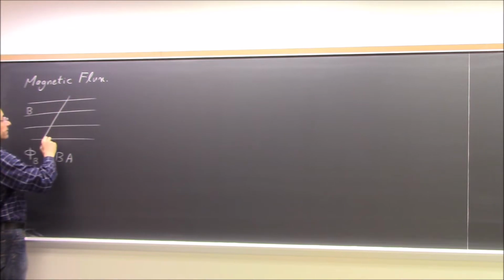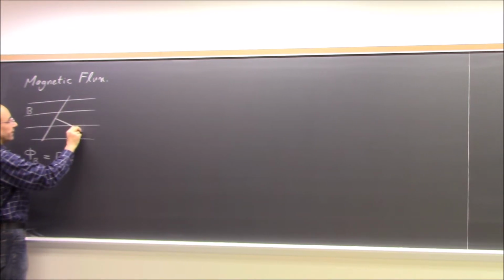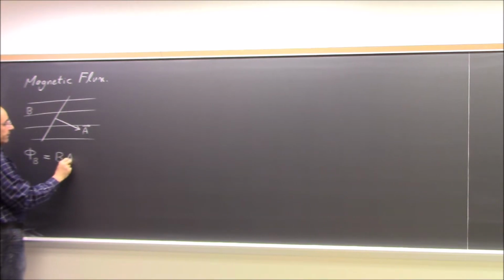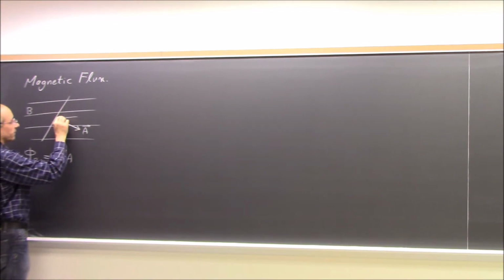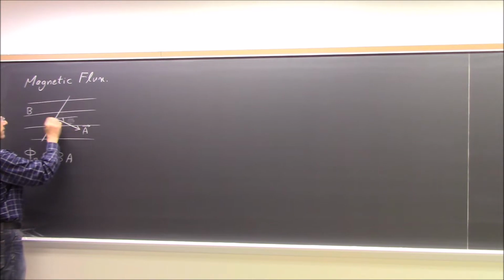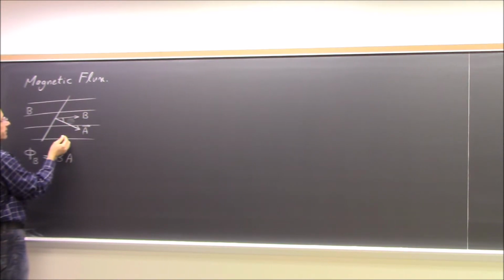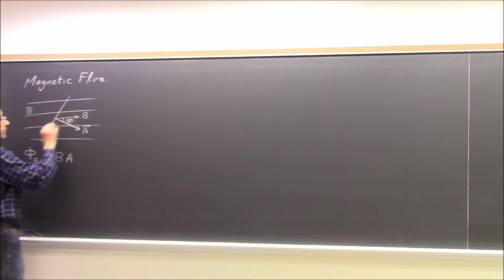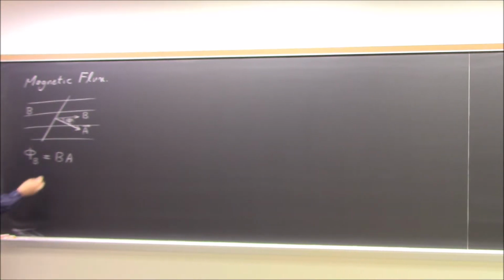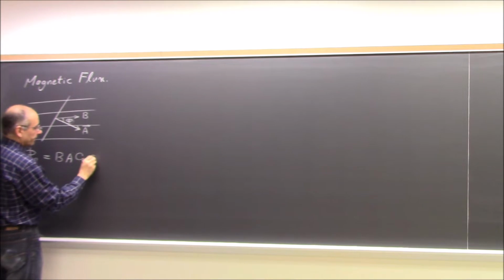But if the area is not perpendicular, we define an area vector, and we say B times area times the cosine of the angle between the area vector and the B field. At this point, B is this way, the area vector is this way, the angle between them is phi. We say dA cosine phi.